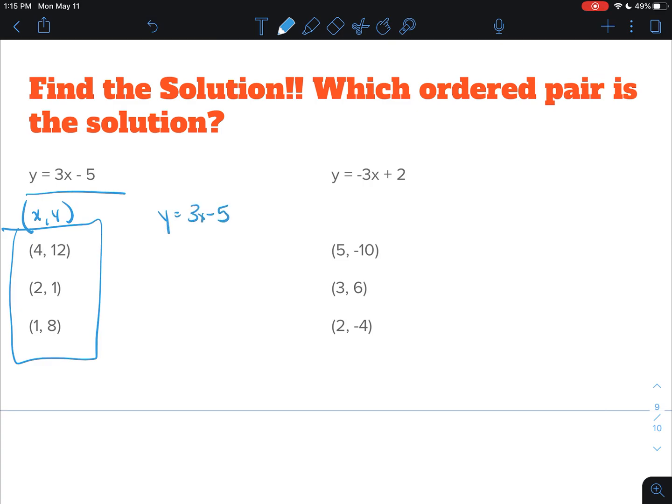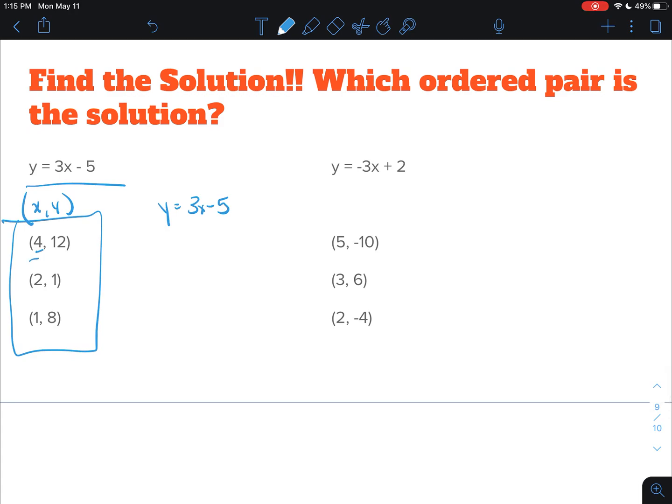If I have y equals 3x minus 5, plug 4 in for x. So y equals 3 times 4 minus 5. y equals 12 minus 5. Don't know why I put that parenthesis behind that. Losing my mind. So then y equals 7.